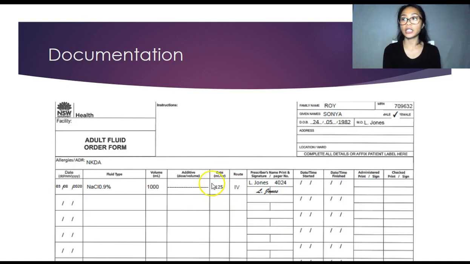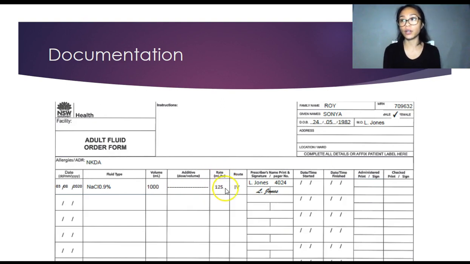Your calculation in that you might have a prescription for mils per hour, but you have a gravity set. You don't have a pump set. Remember, gravity sets are drops per minute. Infusion machines allow you to give mils per hour. And what happens if you don't have an infusion machine, and that happens sometimes, is that you need to use a gravity set.